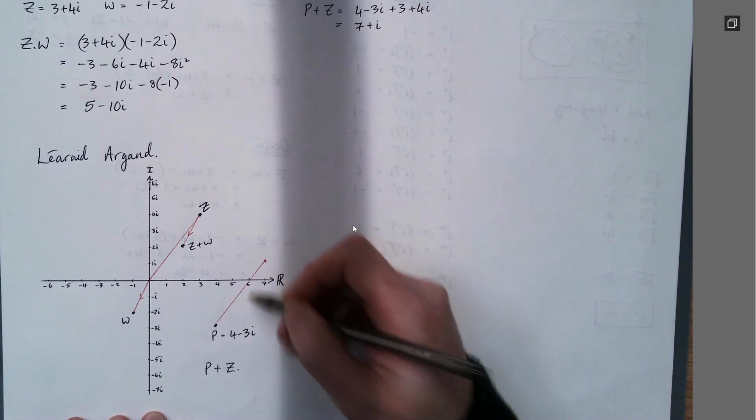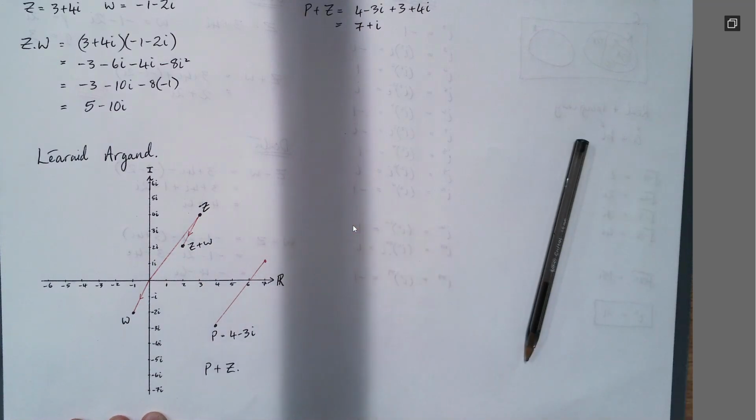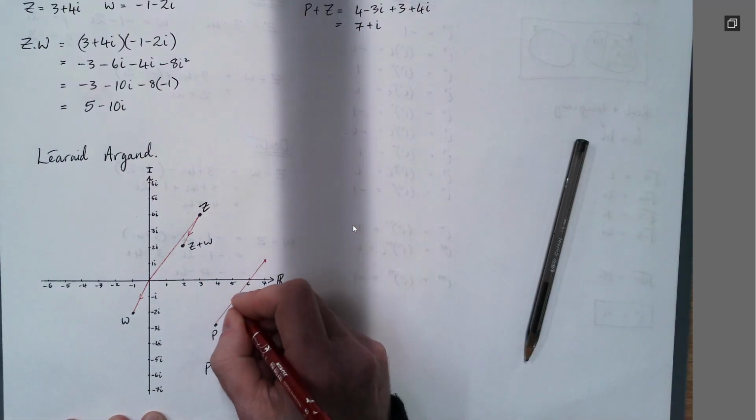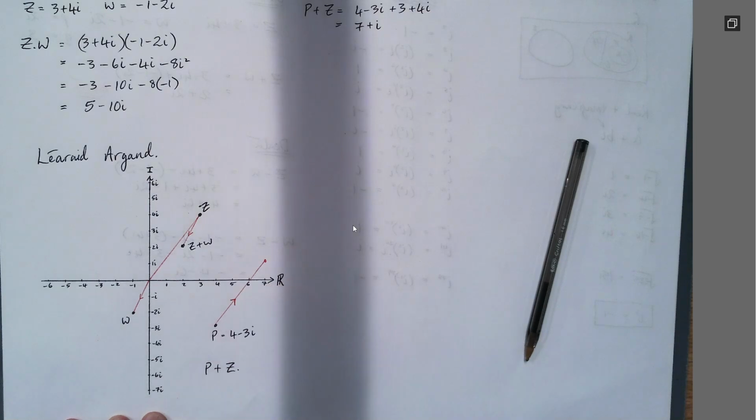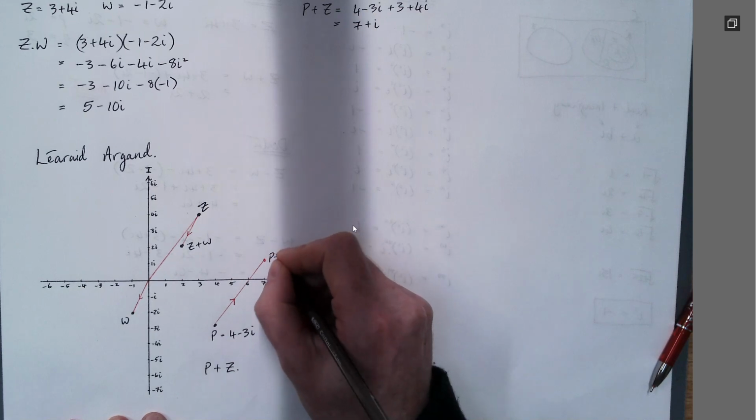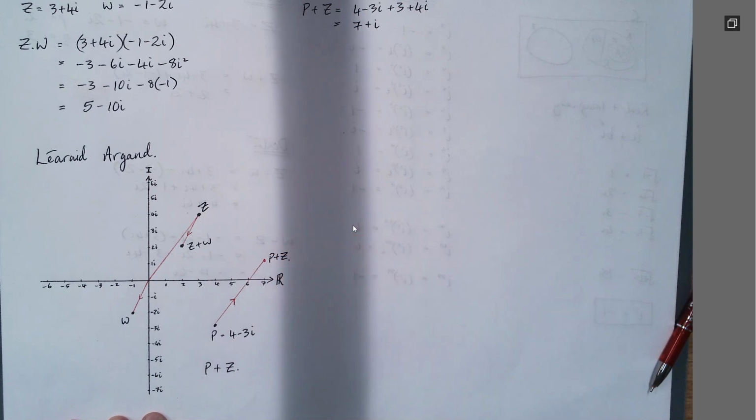So we have the transformation, P plus Z. Okay, okay.